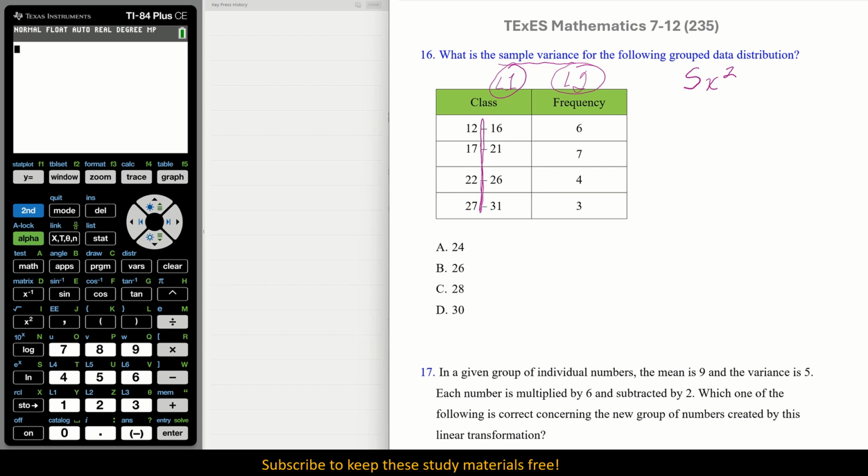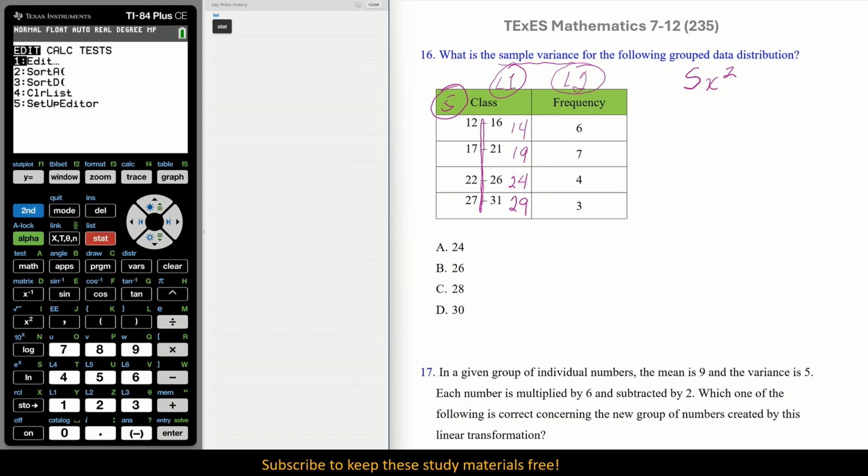We have 12, 13, 14, 15, 16, so that is 5. The center value between 12 and 16 will be 14. If we add 5 onto each, that gives us 19, then 24, and then 29. That will be our L1, and then we have our L2.